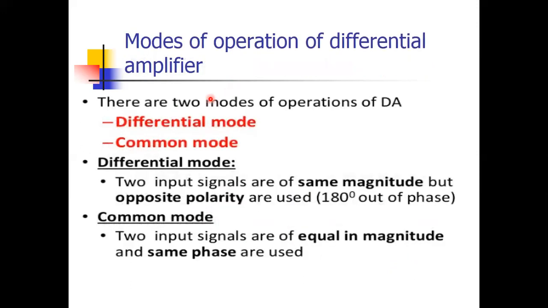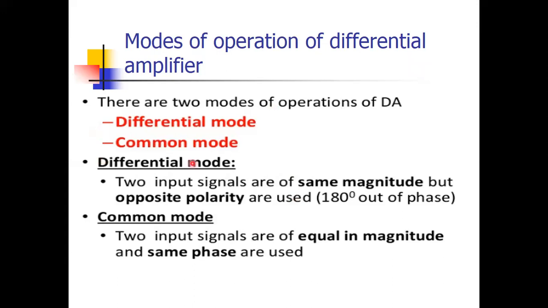Now, understood the analogy of the differential amplifier. In a differential amplifier, there are two modes, differential mode and common mode. In differential mode, the two inputs will be different, that is, 180 degrees out of phase. If you have checked my video lectures on E-MOSFET characteristics or CMRR calculation of BJT or MOS differential amplifier, you can understand that you have applied two different types of input.